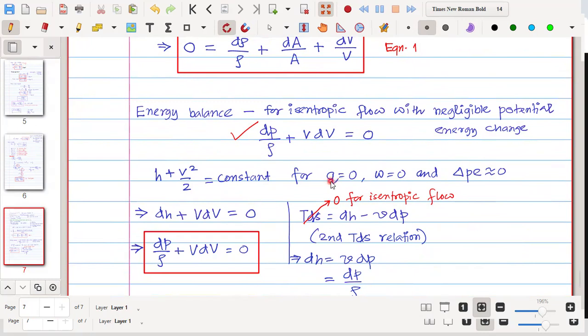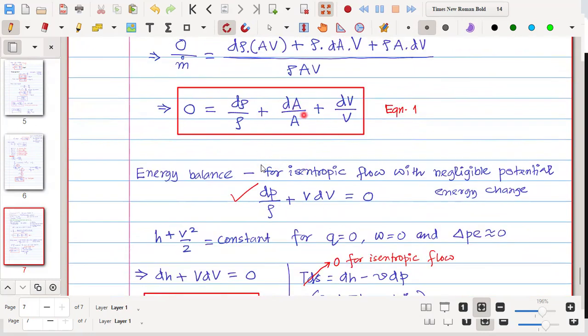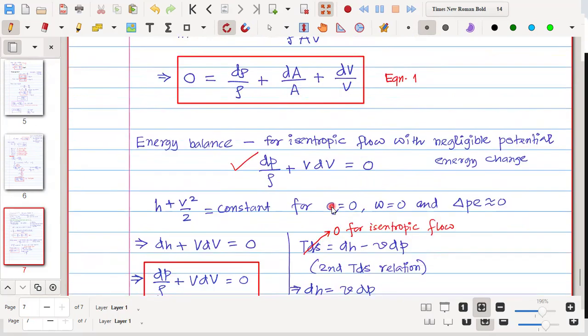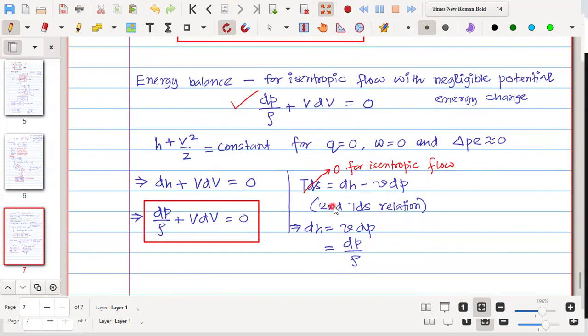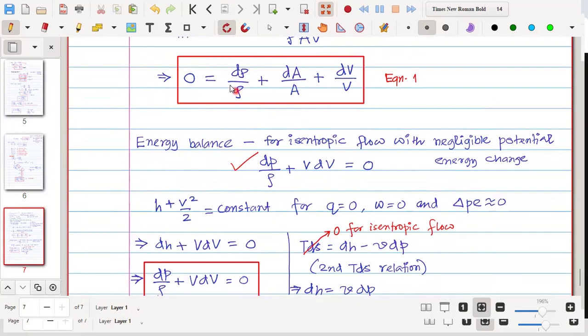Now, you see that if we combine these two, what we can get? You see that you have dV, V dV, and dP by rho here.